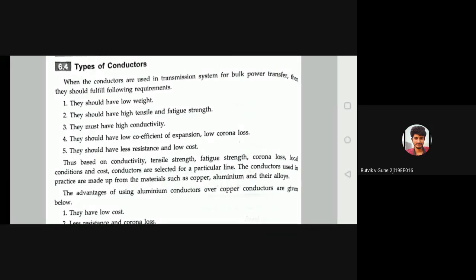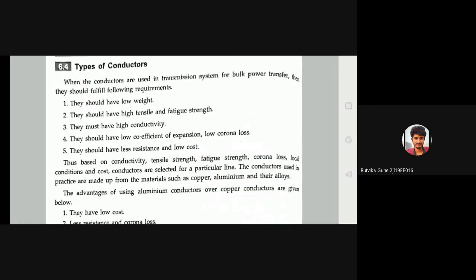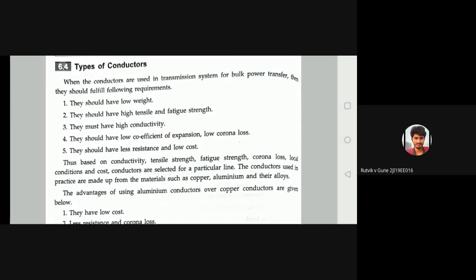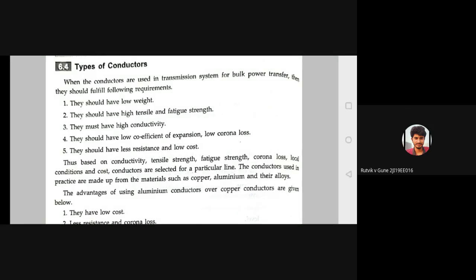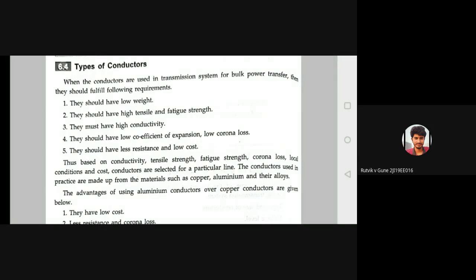But aluminium has less tensile strength compared to copper. As aluminium has less tensile strength, high coefficient of expansion, and large area, that restricts its use alone as a conductor. You see the requirements.